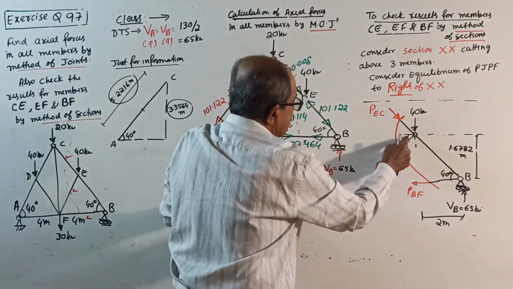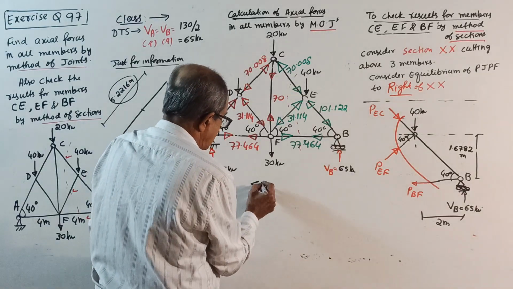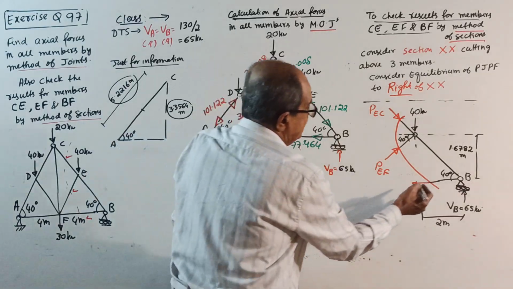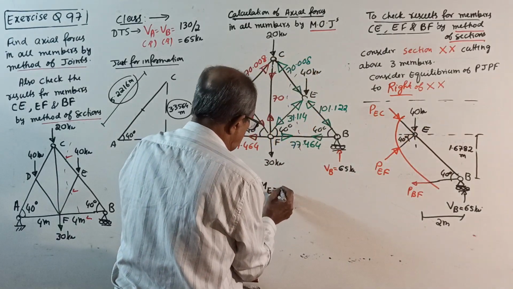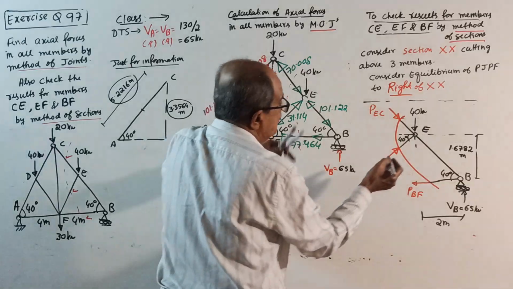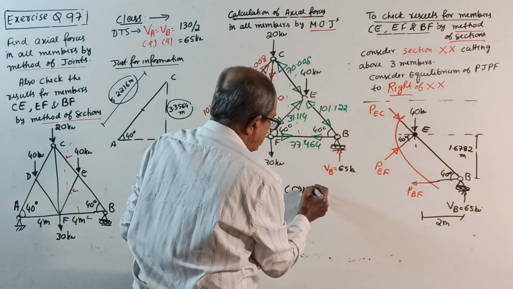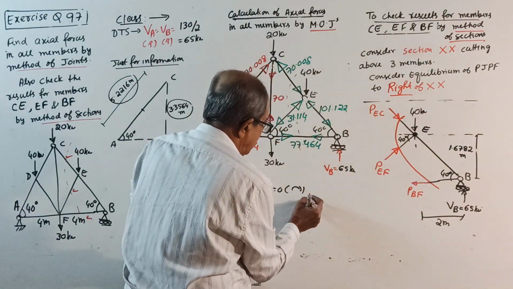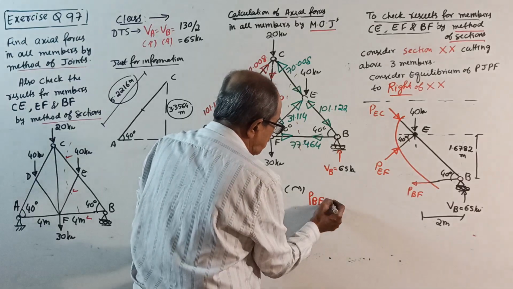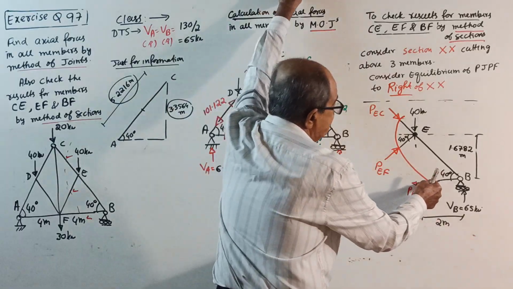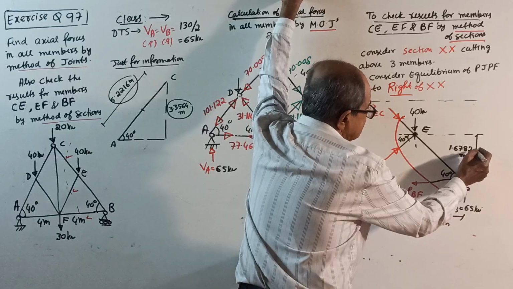Two unknowns are meeting here. So what do you do? Sigma M about A, this is B, this is what? This is E. Sigma M about E equals 0, take clockwise positive. When you take moment about this point, P_BF, not a problem. P_BF into, oh, this height required. So do one thing, let this height be some height.